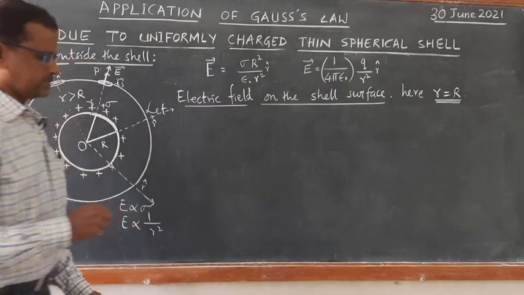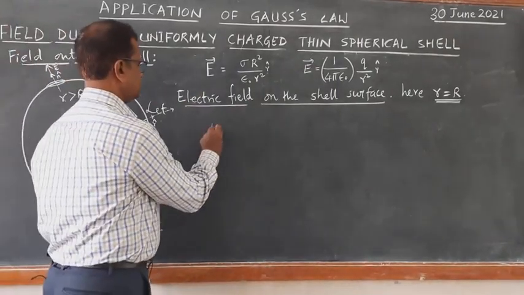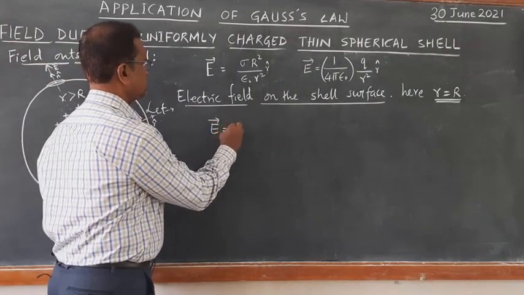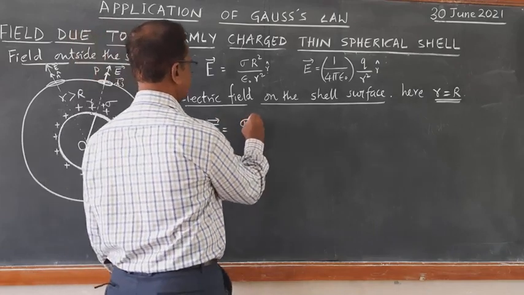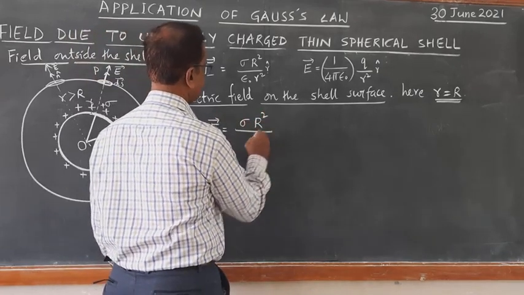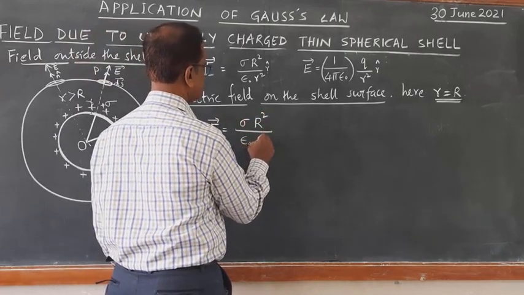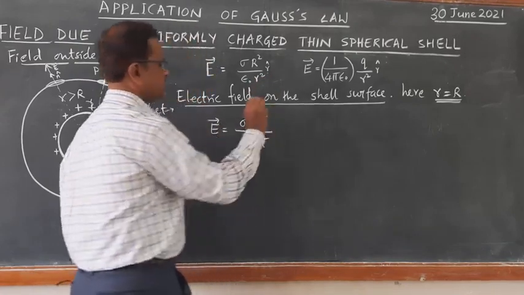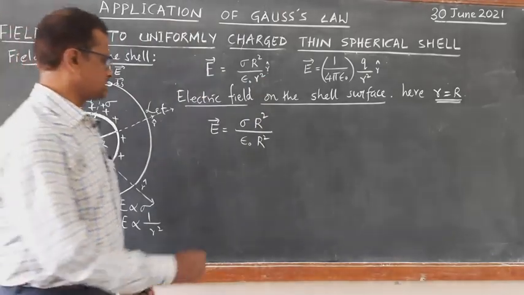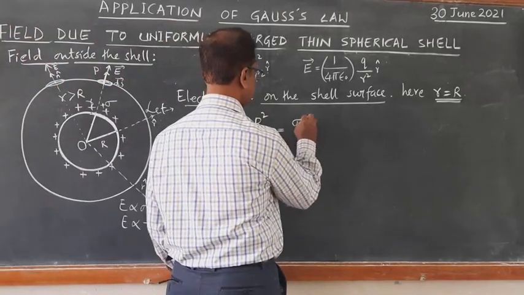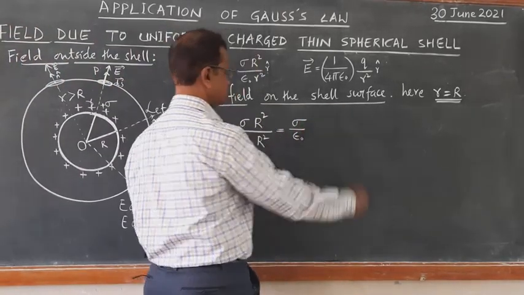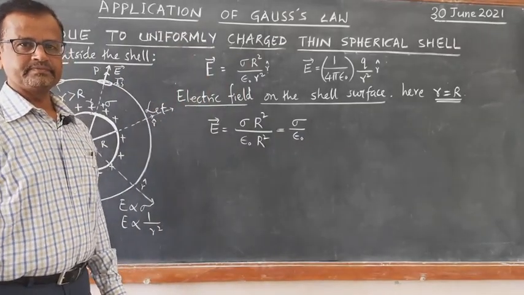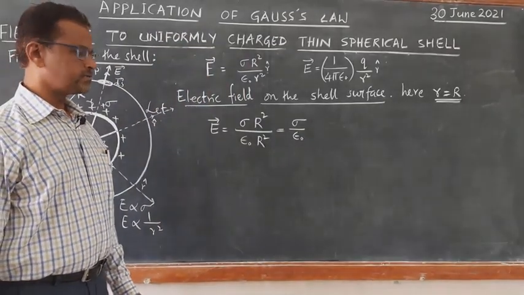Just substitute here. We get E equal to sigma R square divided by epsilon naught times small r square. Small r square becomes capital R square, so R square cancels. We get sigma upon epsilon naught. Very interesting equation, sigma upon epsilon naught.